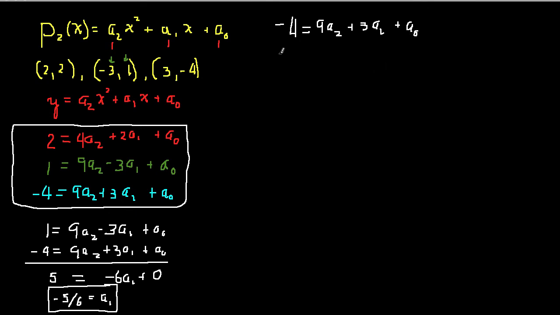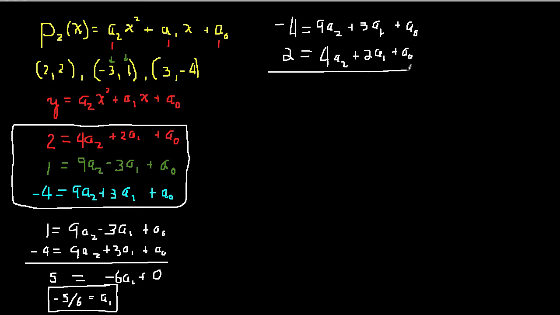And I'm going to subtract from that the red equation, which is 2 equal to 4a2, sorry, 4a2 plus 2a1, this is a1 here, plus a0.